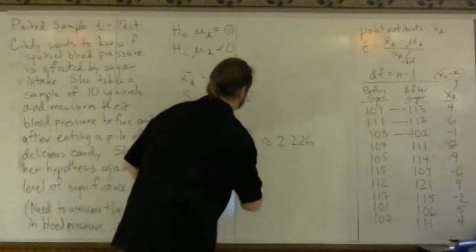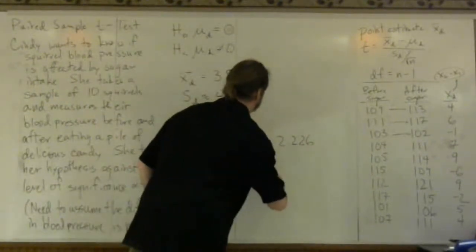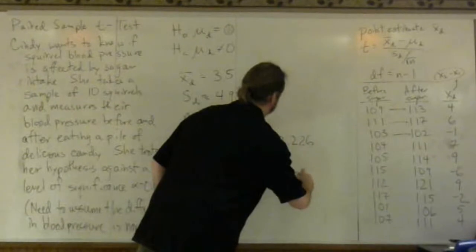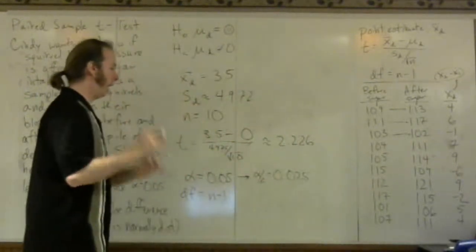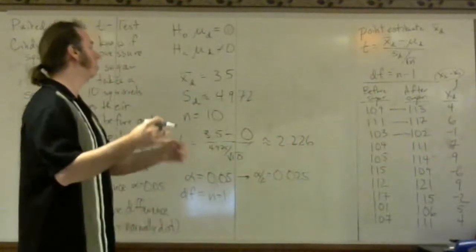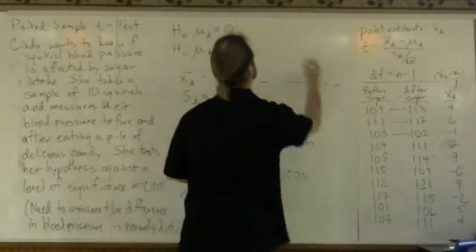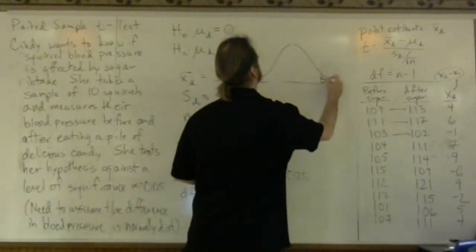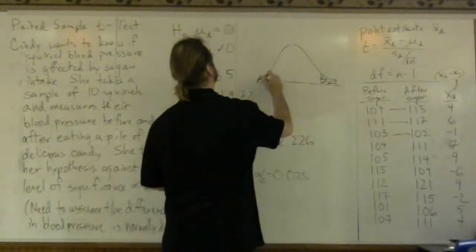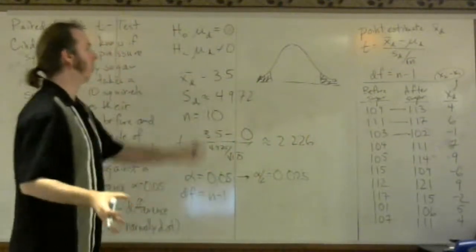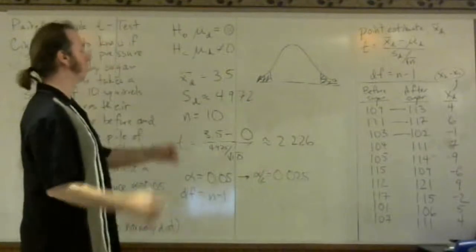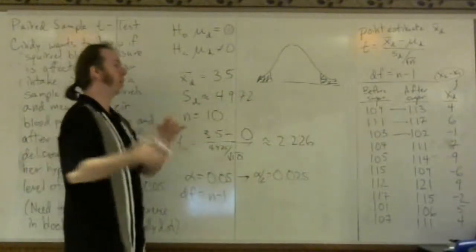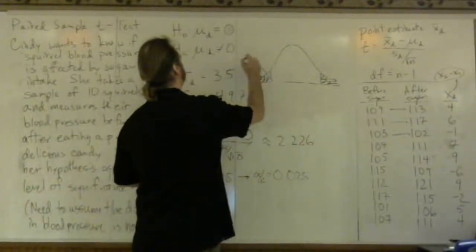My alpha is 0.05 when I'm actually doing this test. Now this is a two-tailed test. Since I'm not specifying greater or less than, I have to look at both tails, and that 0.05 gets split up between those two tails.